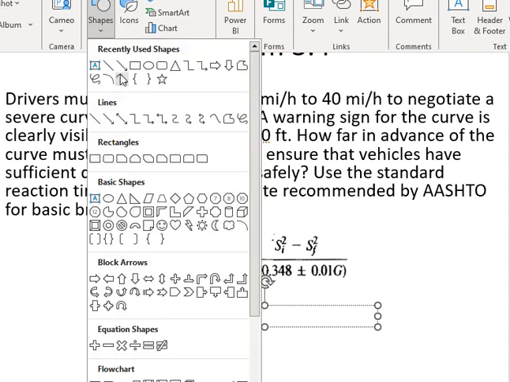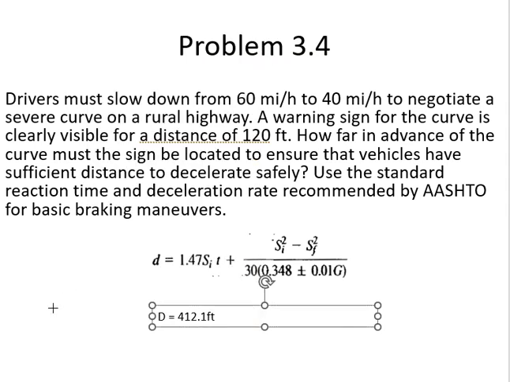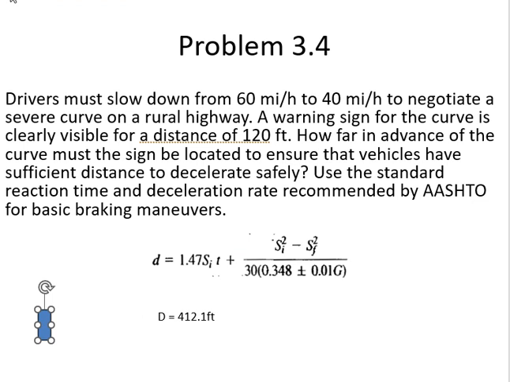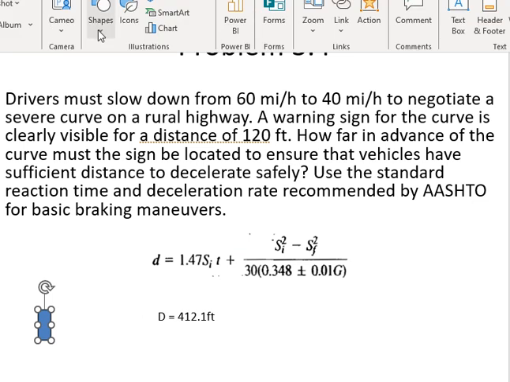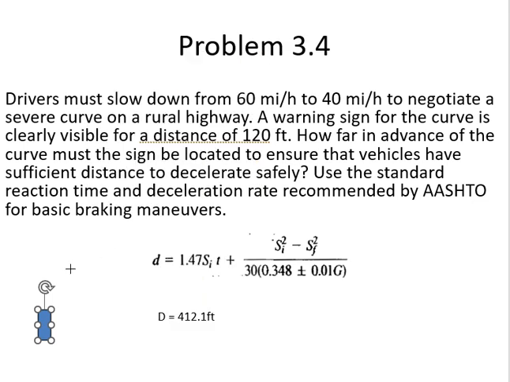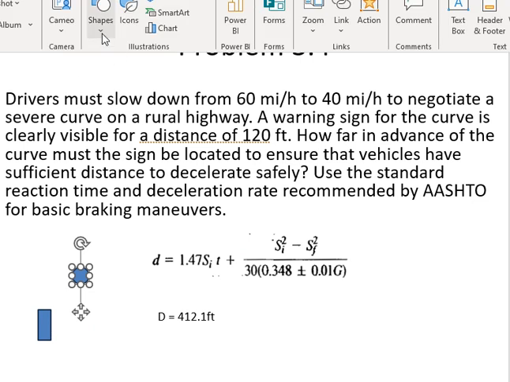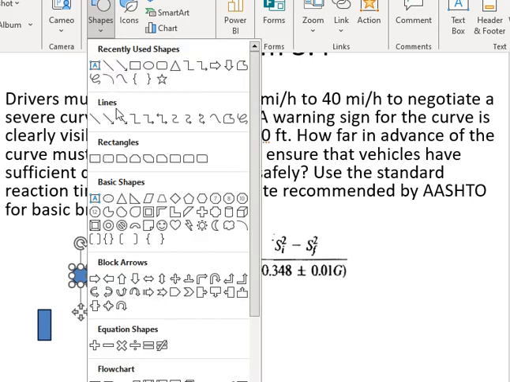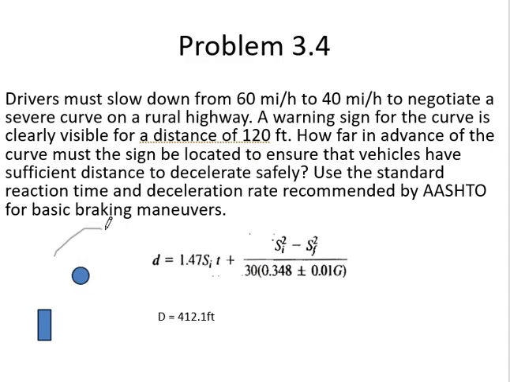We get the distance from the sign to the curve. So I have the driver here, I have the sign here somewhere, and then I have the curve here. The distance between sign and the driver is 120 feet, and you just calculate the distance between the driver and the curve.